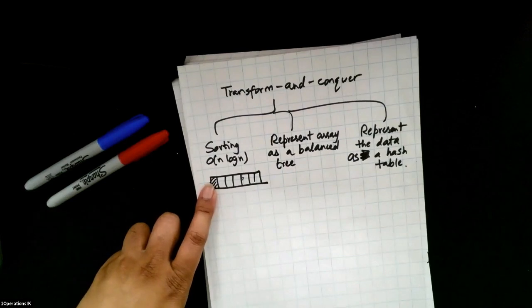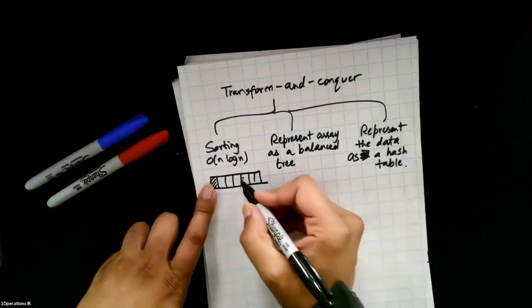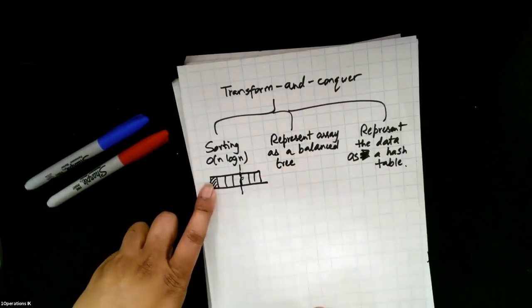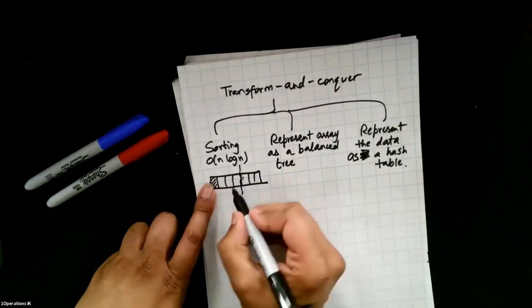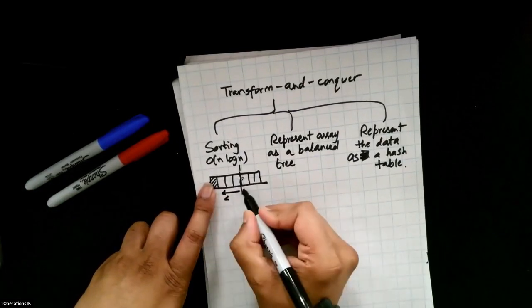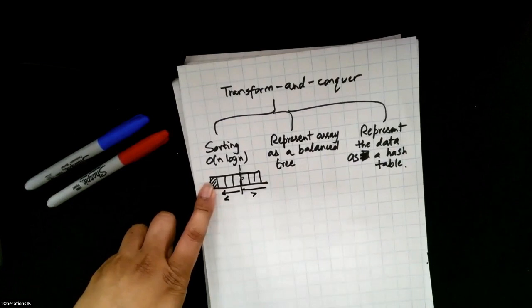That would have taken time at most order log n. But let's say I couldn't find a counterpart number. My binary search terminated somewhere here. All these numbers were less than the counterpart number I was searching for. All these numbers were more than the counterpart number I was searching for.